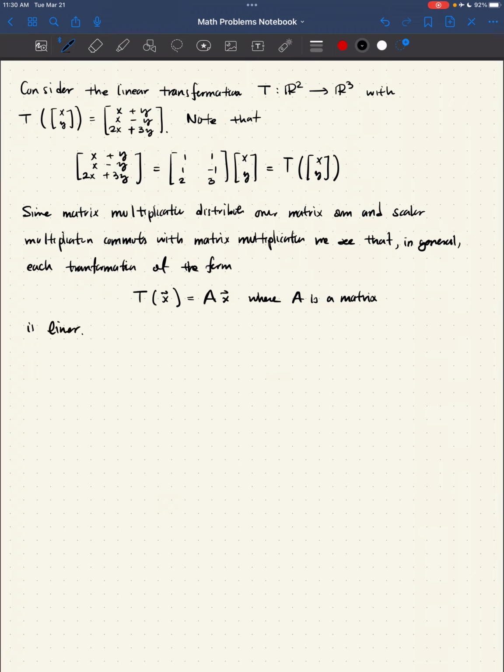Right? This is enough. But the question now comes in the opposite way, right? Is every linear transformation of this form? In other words, can we find a matrix representation for each linear transformation?